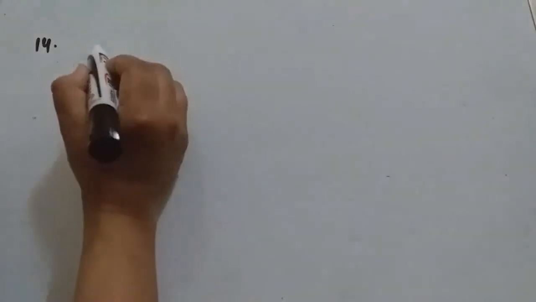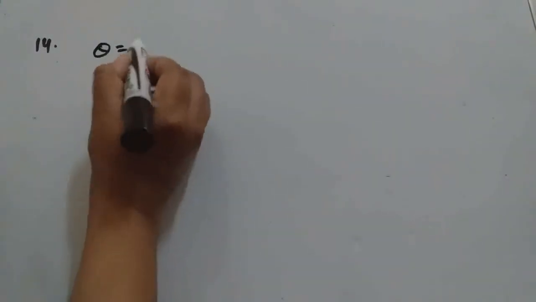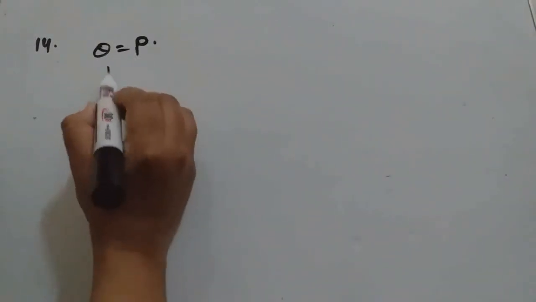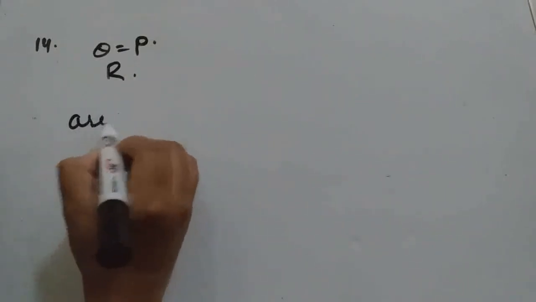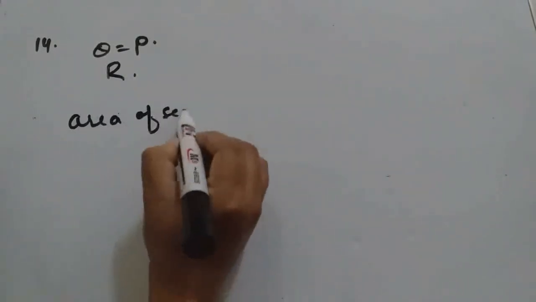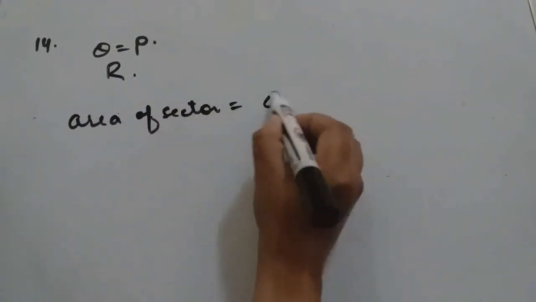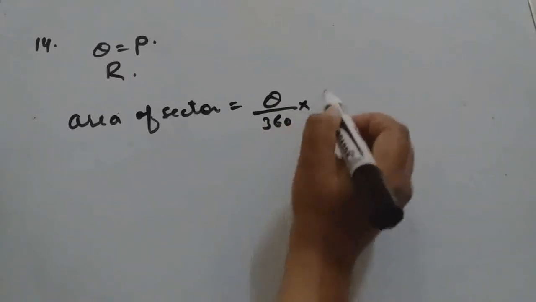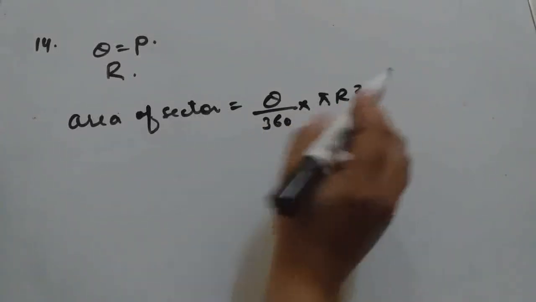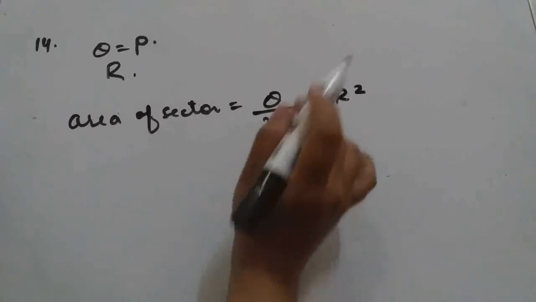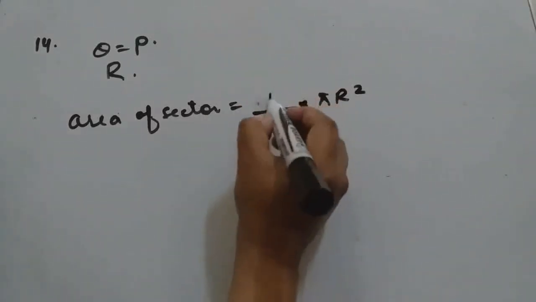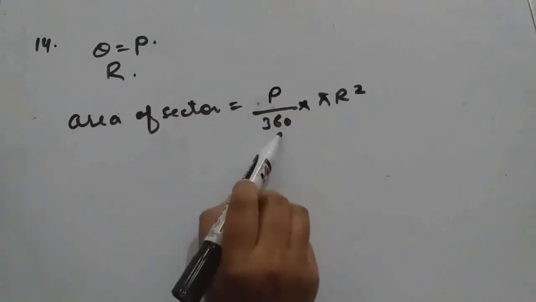Question number 14 is given area of sector of angle P. So angle is given P and radius is given R. So we know formula for area of sector is theta by 360 into pi r square. So here radius is a capital R and theta is given P. Okay, but this is not the option.